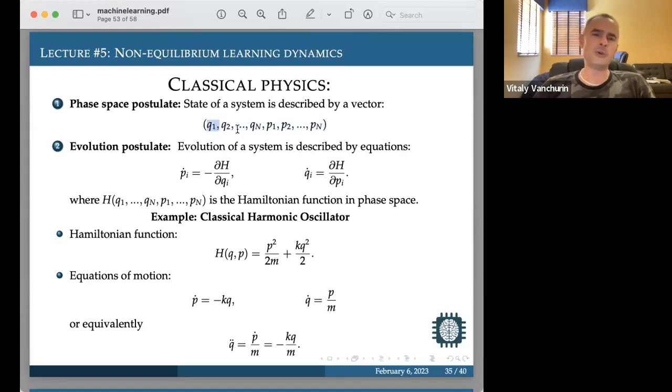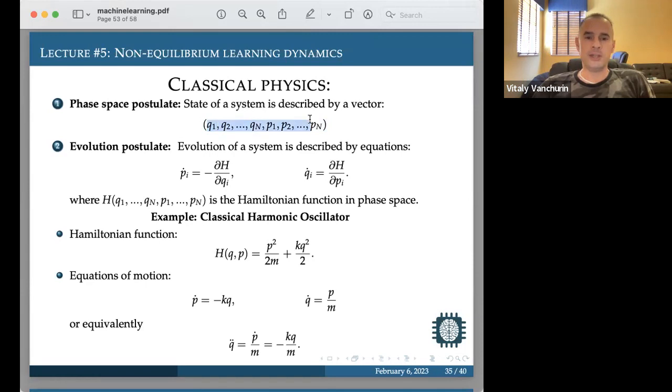So intuitively, you might remember from your physics undergraduate classes or even high school classes that to describe an object, you have to specify its location and then velocity, right? So 3 numbers for a 3-dimensional location, 3 numbers for the 3-dimensional velocity. And so it always comes in pairs. There are always an even number of them.